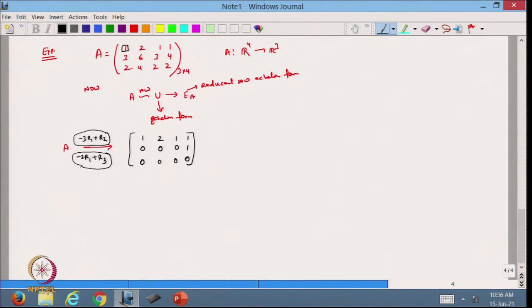In this case you can see that this is my pivot element, and the next pivot element is this one. So I get a step-like matrix, and this is my U, the row echelon form.